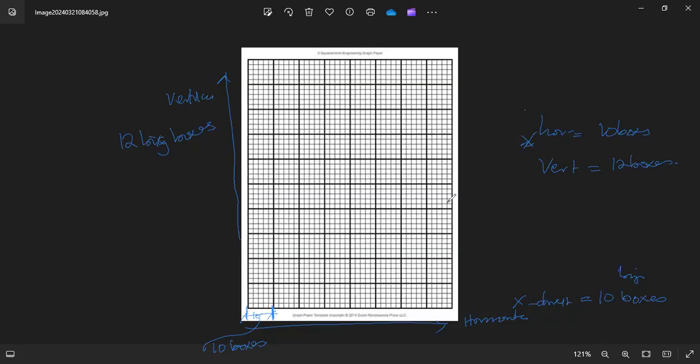Fair enough. Once you have seen that, that one too is 10. So let us also note here that a big box contains 10 small boxes. Okay, good.